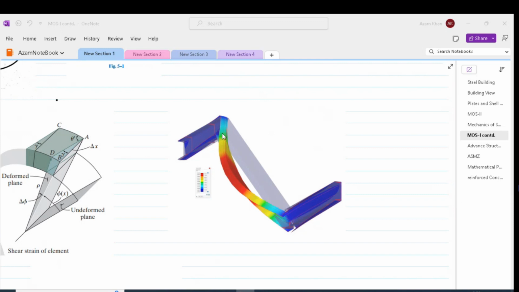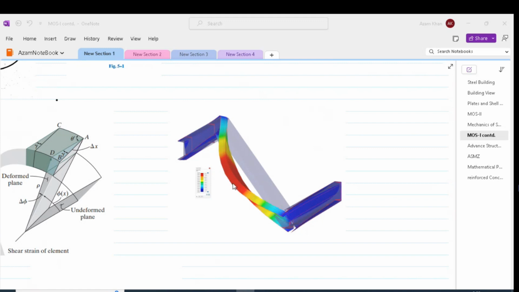So in this figure, we can assume a channel section which is subjected to some torsional moment. And as a result of that torsional moment, the end stays fixed, but the rest of the section has deformed. The channel section, original cross section, has deformed, especially in this middle region.